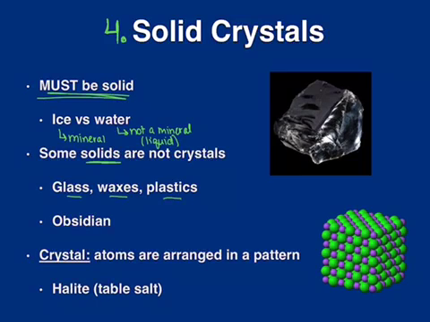Even though I said on the previous slide that we get glass from quartz, glass itself is not a mineral, but we use a mineral to make it. Another thing that's not a mineral is obsidian.